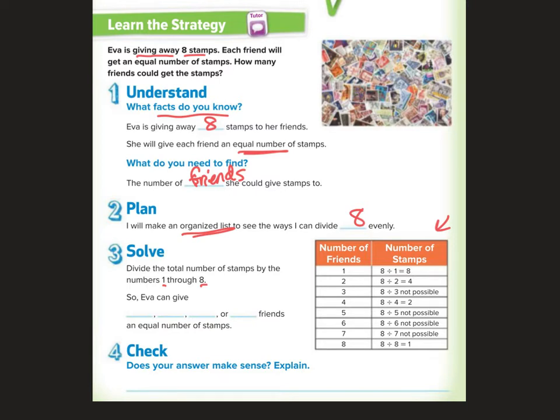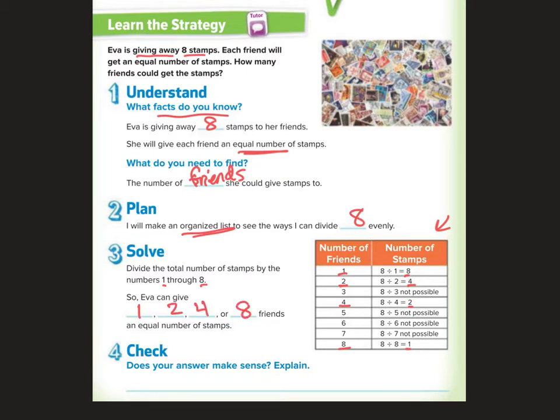I could give 1 friend all 8 stamps, 2 friends 4 stamps each, 4 friends 2 stamps each, or 8 friends 1 stamp each. So she can give an equal number of stamps to 1, 2, 4, or 8 friends.